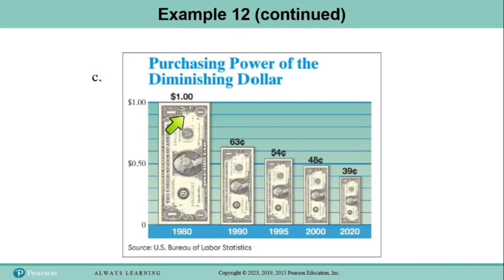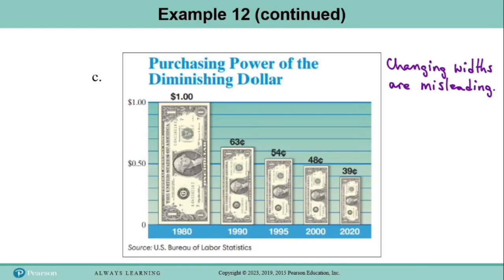So this dollar looks way bigger than this dollar. And it is somewhat bigger, of course, but because they are changing both the width and the height, it makes this one look way smaller in comparison. And so we'll just write down that the changing widths are misleading.